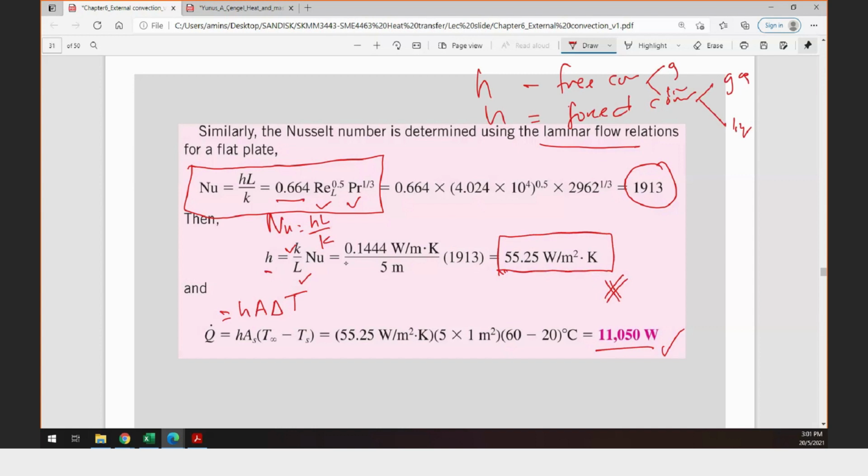You can use this table to check whether your value is logical. If not, you probably need to recheck your calculation. Sometimes you forgot to use the power factor. You write 0.5, but when you press the calculator, you forget to put the 0.5. This is a common careless mistake.